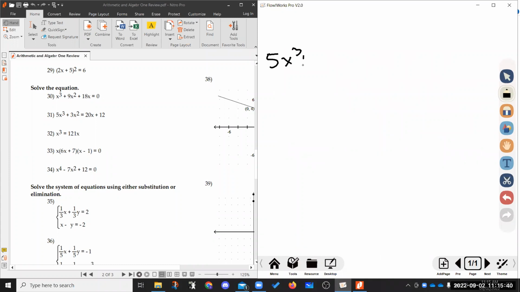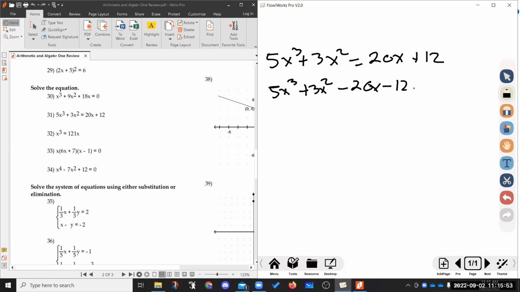5x³ + 3x² = 20x + 12. We'll get that all on the left-hand side here. It's four terms, so I'm going to try to factor by grouping if I can.